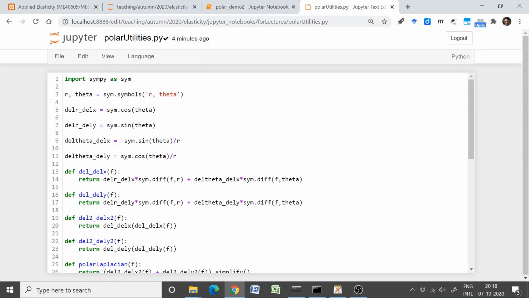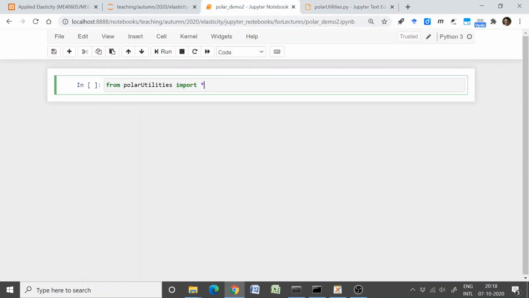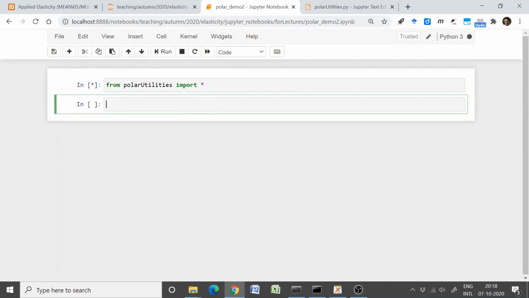There won't be any clash if we prepend the function names like sim dot cos theta. Otherwise there may be a clash, or at least some sort of confusion will arise. But for our current case there is no confusion like that, so we are safe to do this kind of import. You see, it imported without any error.